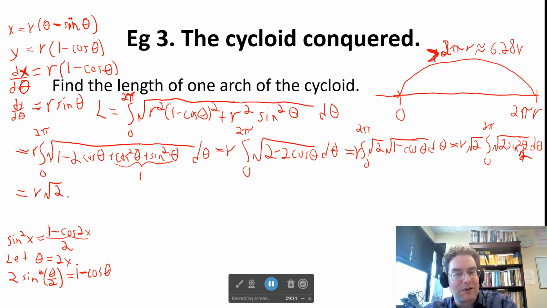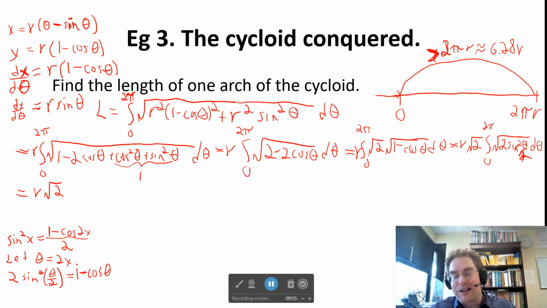Now we do have an integral from 0 to 2 pi. Sine is negative on parts of that, so that does pose a bit of a conundrum, perhaps. Oh, but you know what? Good news here. Our argument inside the sine in this case is theta over 2.